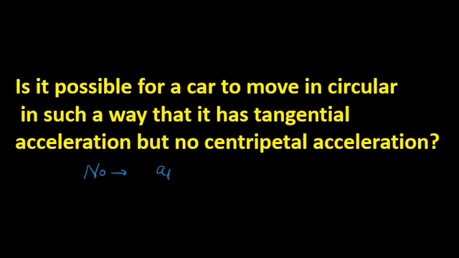The tangential component of acceleration acts alone only when the body is moving in one dimension, or in a straight line. When a body is moving in a straight line, the centripetal acceleration, or radial component of acceleration, is equal to 0.